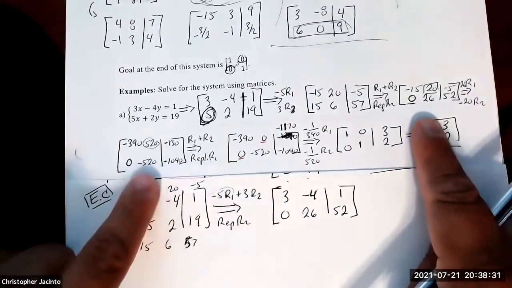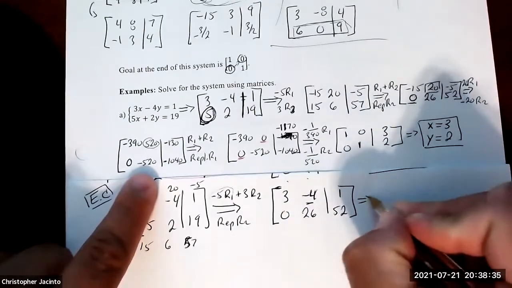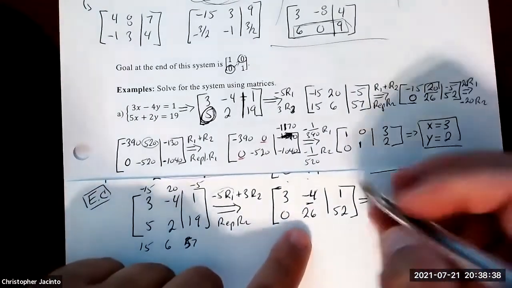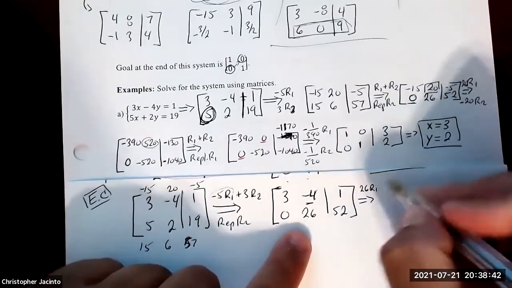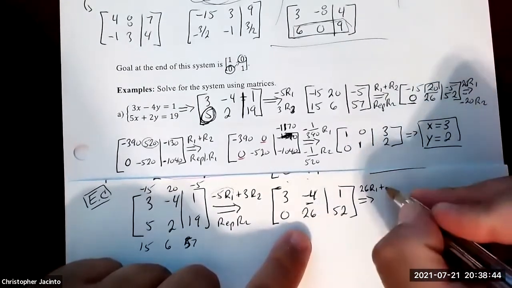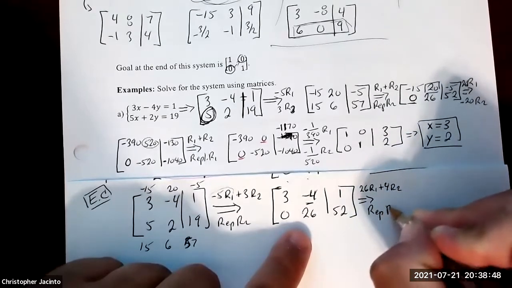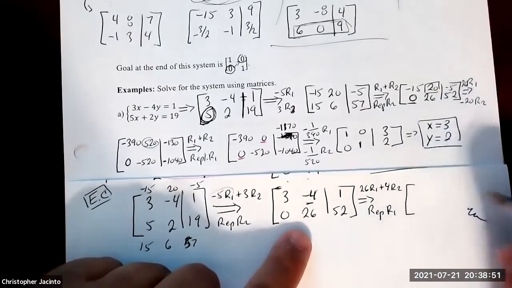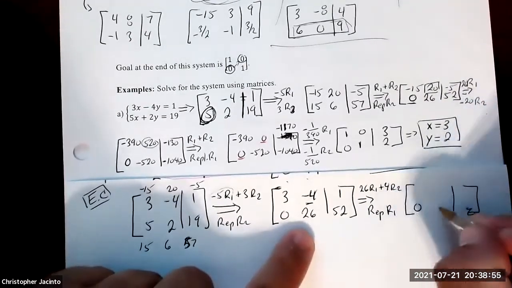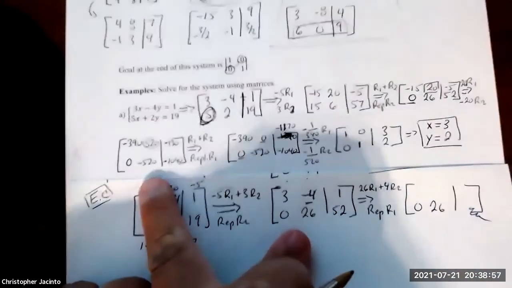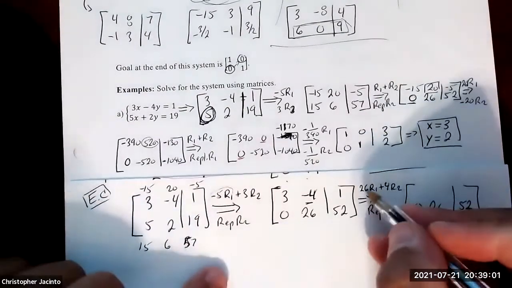And now I'm just going to rinse and repeat and do the same process. Now I want this to be a 0. I do the same thing. So I multiply this by 26, and I'm going to add it to this one, so 4 times row 2, and then replace row 1 to get that result. So row 2 is not being changed. And we get this stuff.